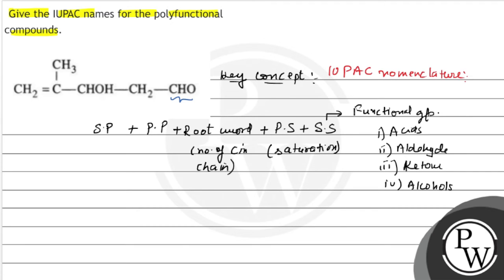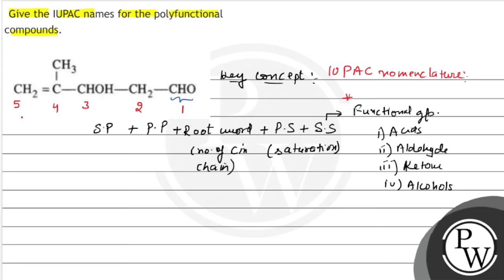And top priority should also be given to the functional group, so that the main chain we are selecting should include the functional group. Now if we include this functional group, the aldehyde, in this chain, and if you start numbering from here, 1 2 3 4, we could either write 5 here or here, but we should write here, because if we write 5 here, our alkene, our double bond, is not included in the chain, so we have to include the double bond.